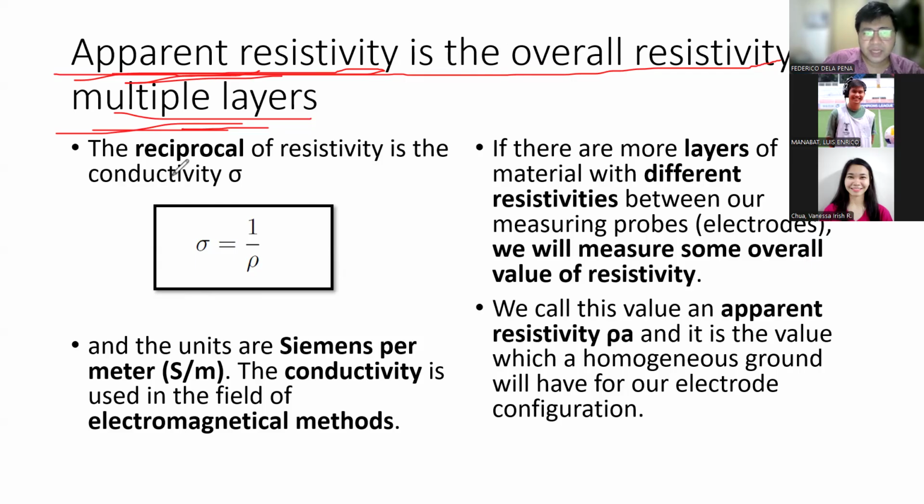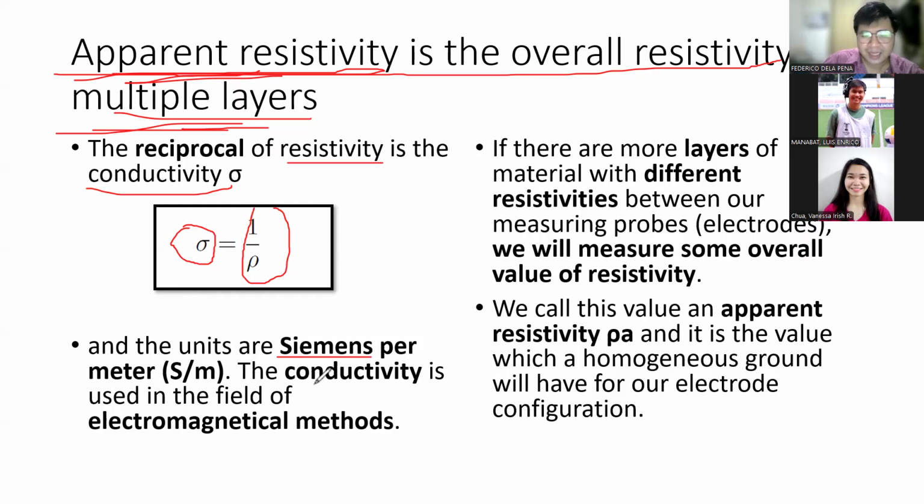And we have another relationship here, the conductivity and resistivity. Conductivity is simply the inverse of resistivity, and conductivity is measured in terms of Siemens per meter.